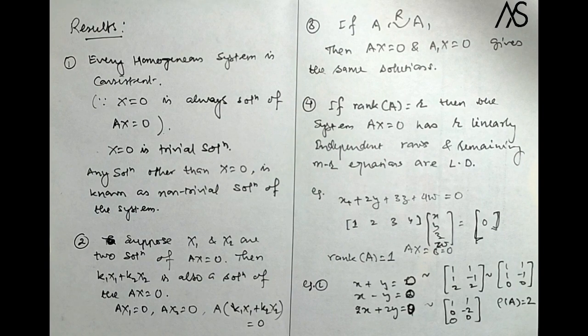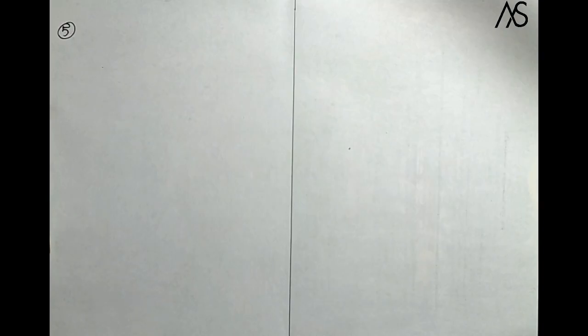So now we are finding the number of linearly independent solutions of m homogeneous linear equations in n variables.